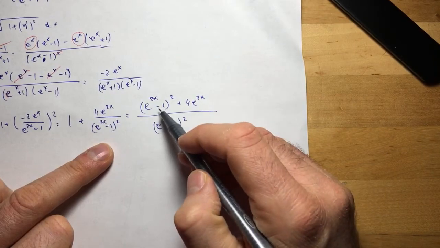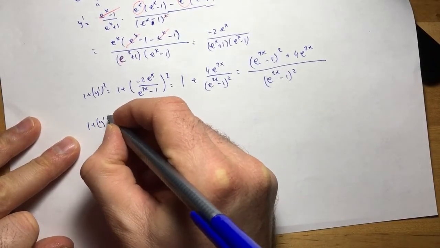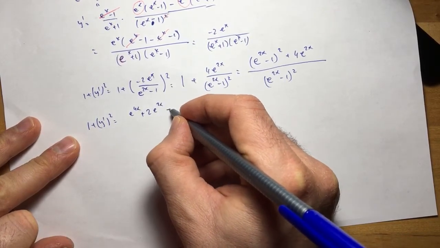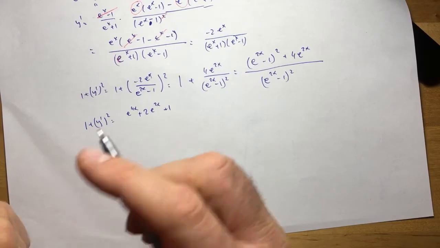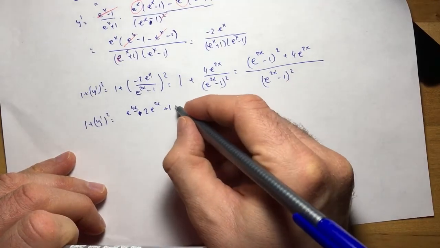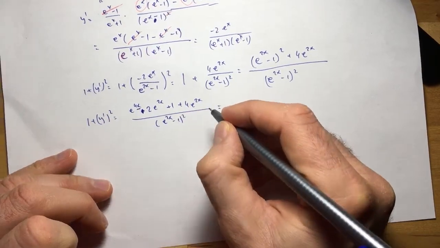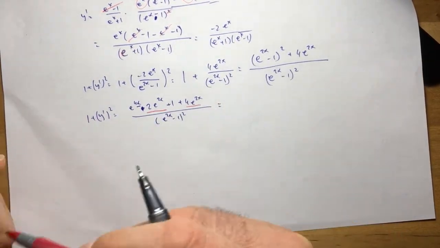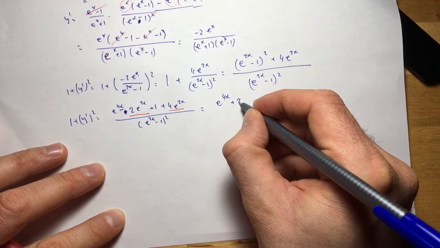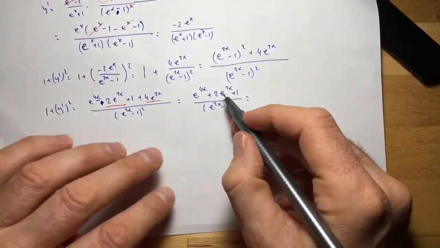Okay, now expand this term here, you'll get the following trinomial: 1 plus y prime squared is equal to e^(4x) minus 2e^(2x) plus 1, I'm sorry, so the minus, because of this minus right here, plus 4e^(2x) over (e^(2x) - 1) squared, which is equal to these two: 4e^(2x) minus 2e^(2x) is 2e^(2x), so e^(4x) + 2e^(2x) + 1 over (e^(2x) - 1) squared, and this is a perfect square.